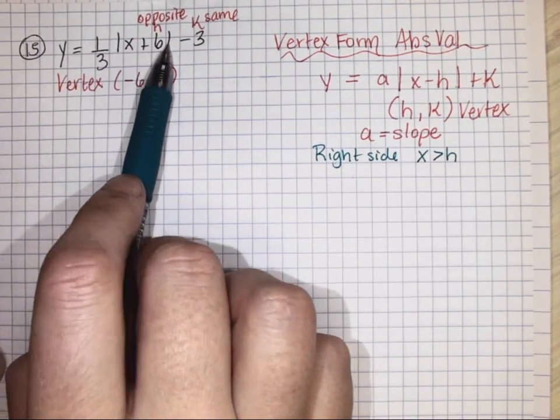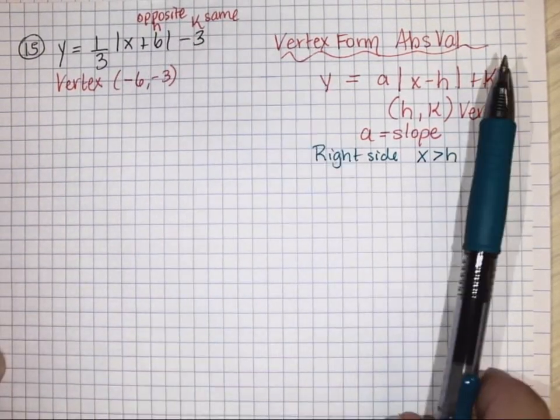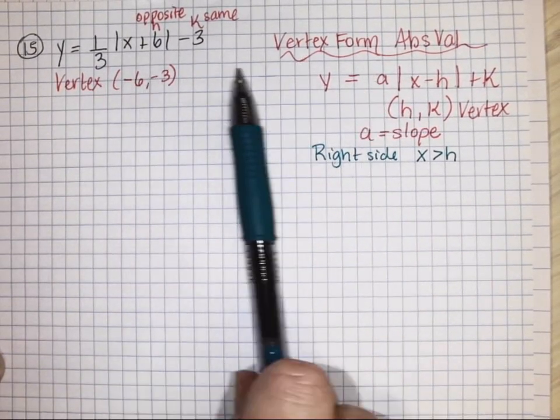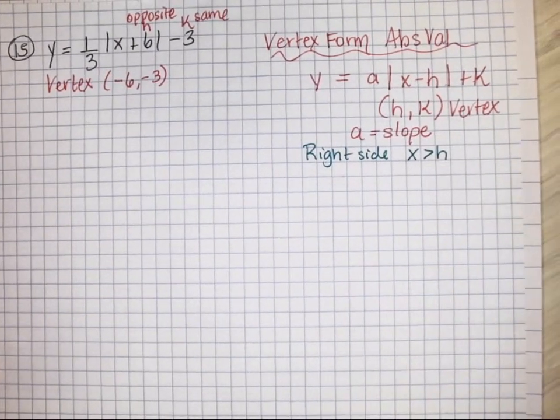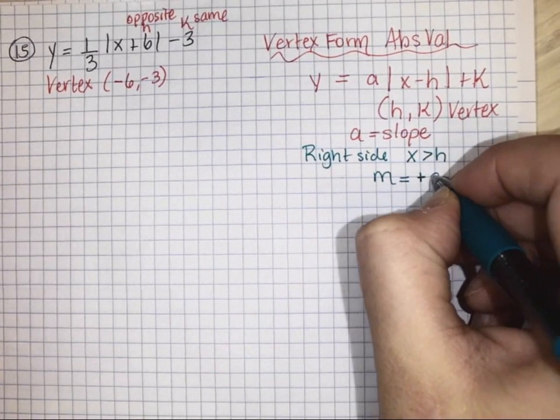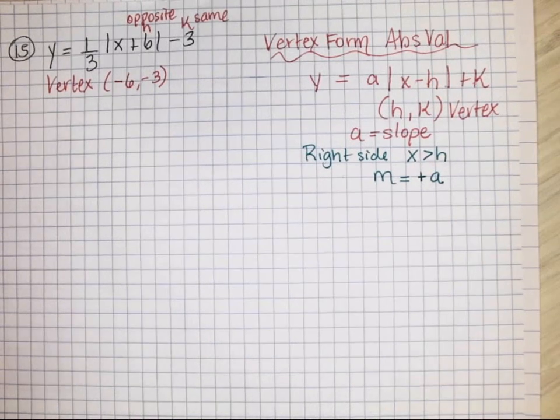So when x is greater than -6, so to the right of -6, I'm going to use slope of positive a to get those points.